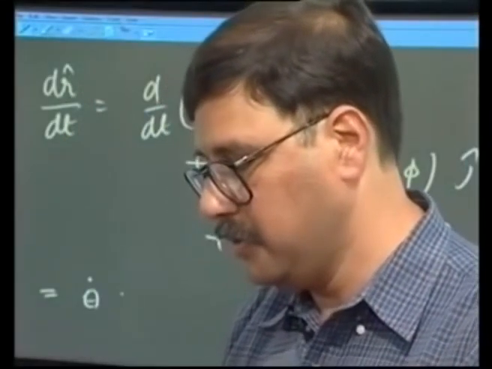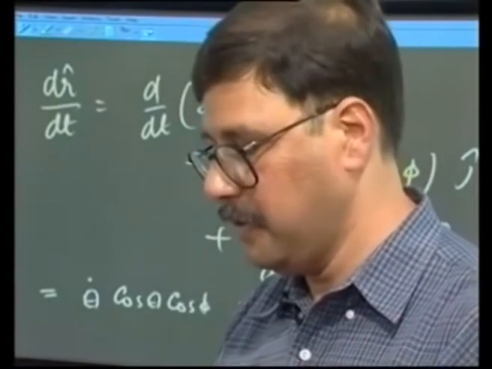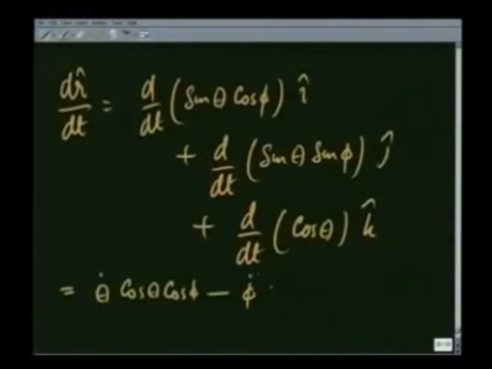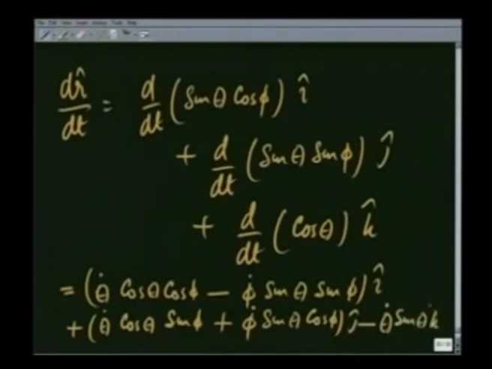theta dot cosine theta cosine phi minus phi dot sin theta sin phi i plus theta dot cosine theta sin phi plus phi dot sin theta cosine phi j minus theta dot sin theta k.